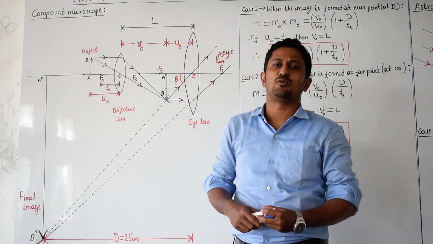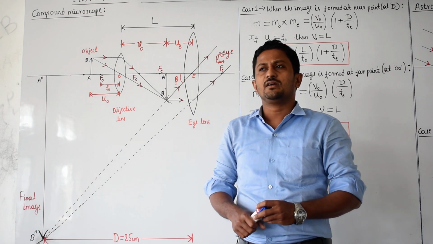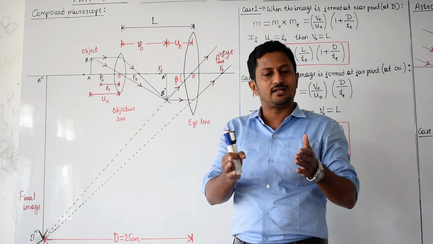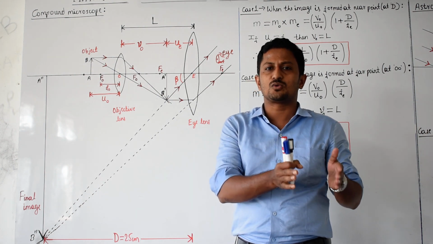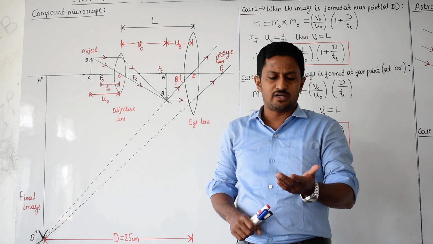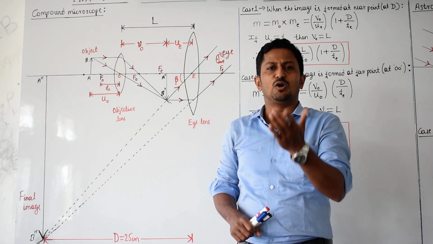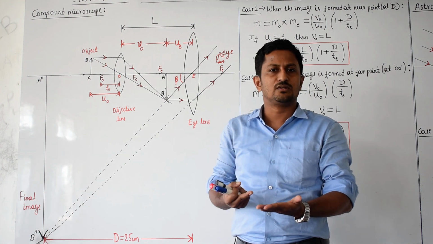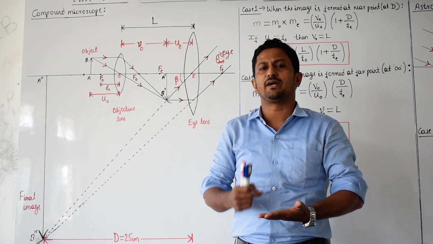What does this compound microscope mean? See here, if the magnification obtained by that simple microscope is not sufficient, I mean what? You take a small object and view it with the help of a simple microscope.